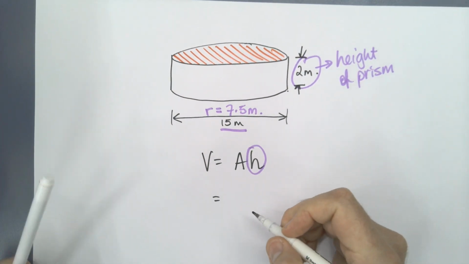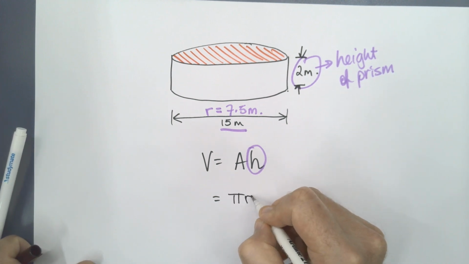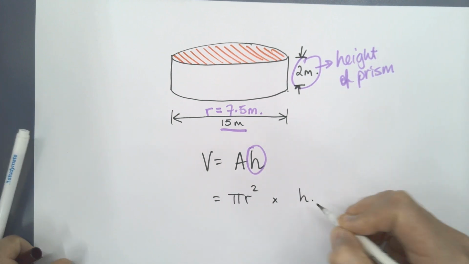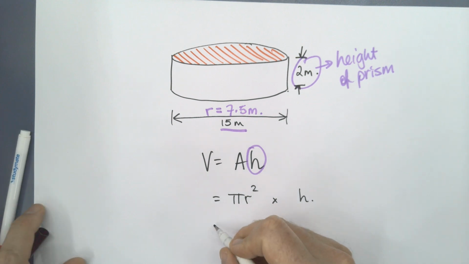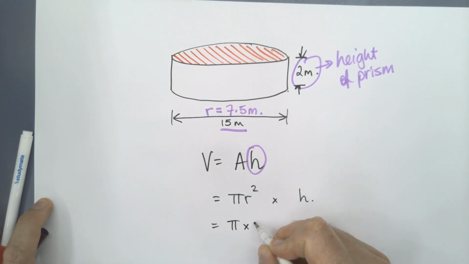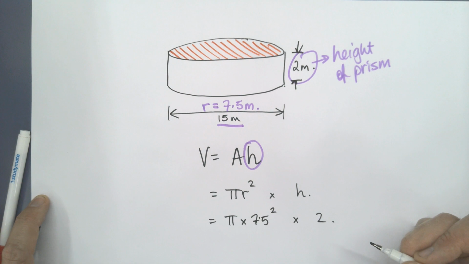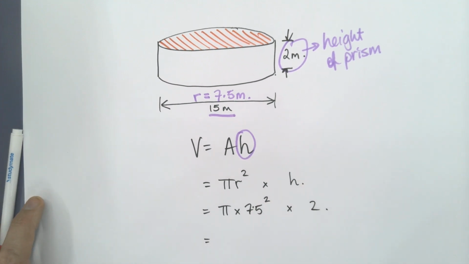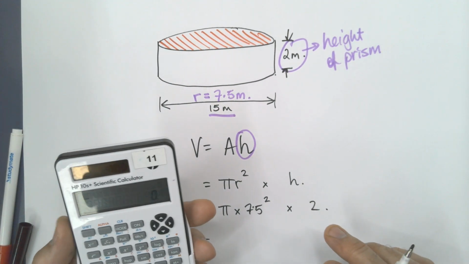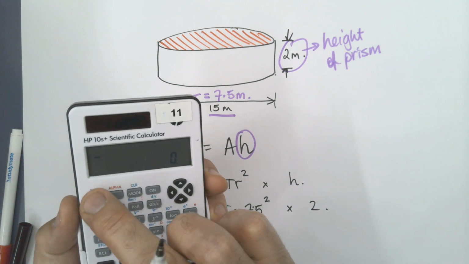So area of a circle, pi r squared, and then we just multiply by h. Pi times 7.5 squared times 2. I'm just putting it into the formula. I'm going to put all that in one go. So here we go with the magic buttons.